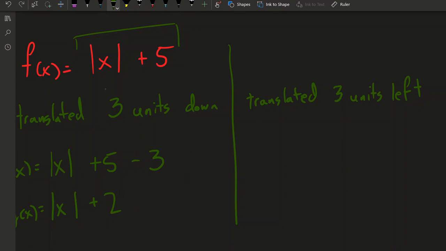So the input is right here, so I would have my new function g of x is equal to the absolute value of x, and then to go 3 units left, I would do plus 3. Remember, horizontal transformations always do the opposite of what you would think. Left seems like it should be -3, but in this case it's actually plus 3. We've got the plus 5 on the outside right there, and this one actually can't be simplified, so we're done.